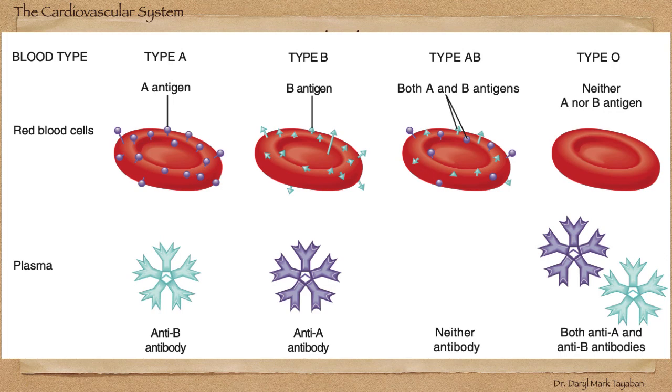I hope that's clear. It's an analogy that I just created for you to really understand. So I hope it's accurate. Remember again, the red blood cell is the wife, and the plasma antibody is the husband, like the bodyguard.